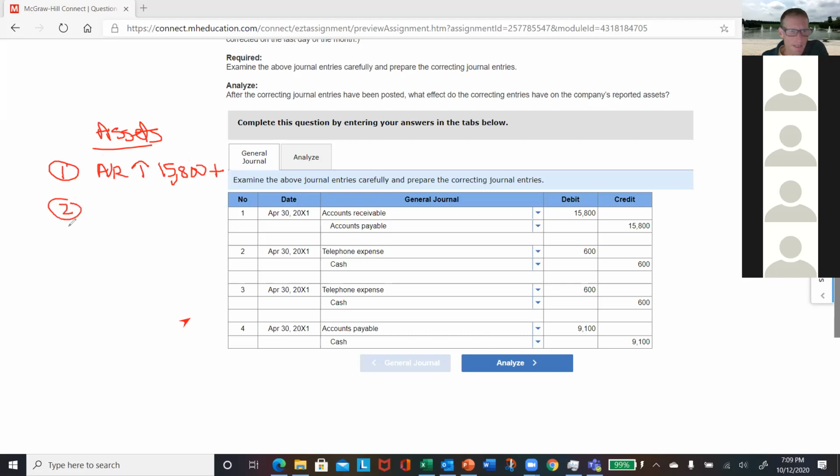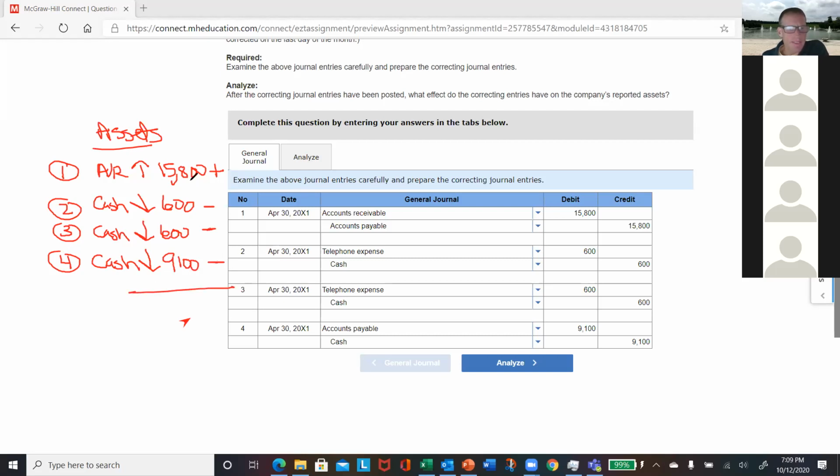On the second and third entries, it looks like cash went down by $600 on both of these. Again, the arrow just indicates that it went down, and of course, I'd put a minus. And then on the fourth entry, cash, which again is the only asset account affected, went down by $9,100, which again I'd put a minus.